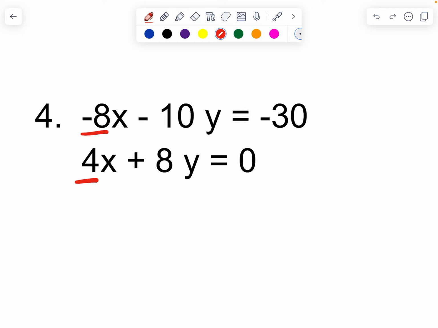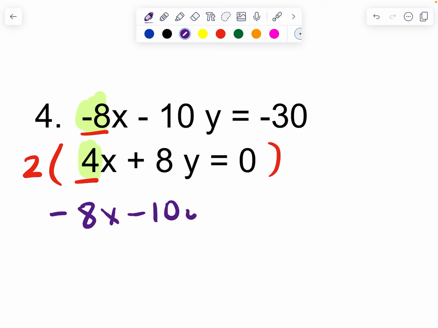So what can I multiply? What can I multiply by 4 to get it to be opposite of -8? So if I multiply this equation by 2, that would get me the opposite of -8. So -8x minus 10y equals -30.